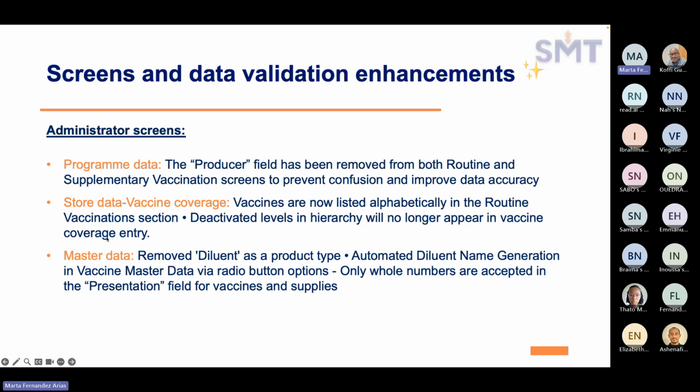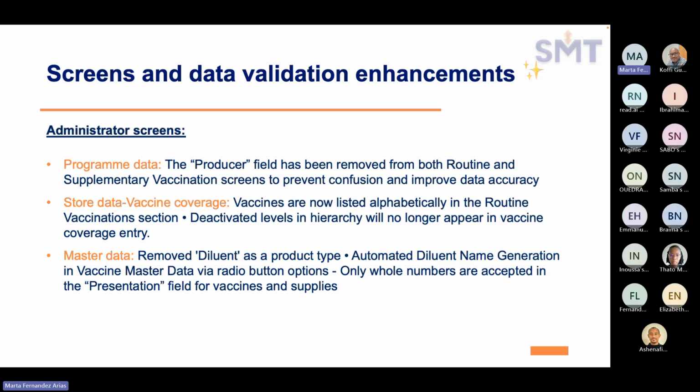Other thing that we have changed is in the master data. If you remember, before, if you created a country-specific item, like a country-specific vaccine, and that vaccine had a diluent, you were required to enter the diluent manually as well and assign a name to it.